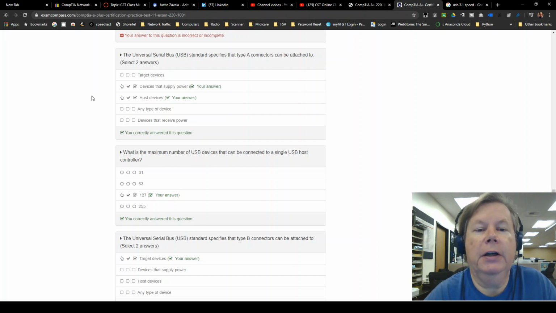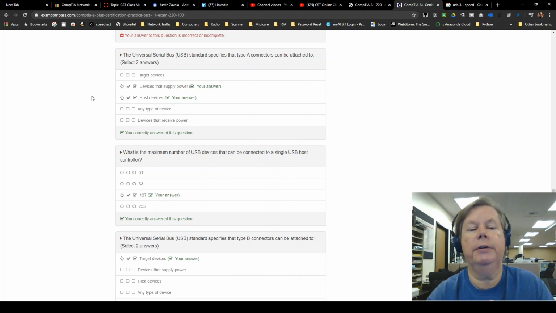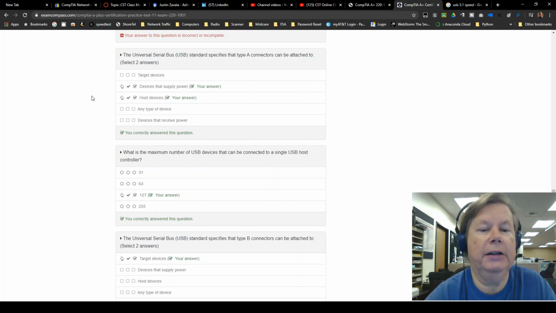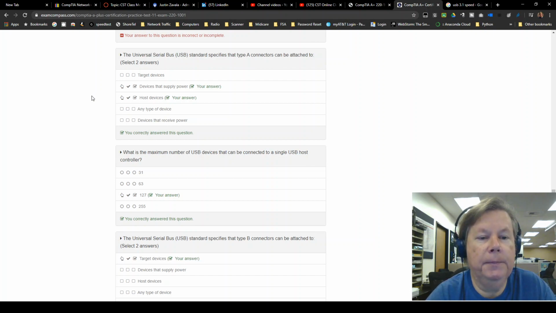The USB standard specifies that Type A connectors can be attached to, and I think I talked to you guys about this one a bit. The A-type connector would be tied to the host device. It would be attached to the device that's actually going to supply the power, because USB supplies power to a device, but one of the devices actually has to be supplying the power, and that usually would be something like a USB hub or your computer.